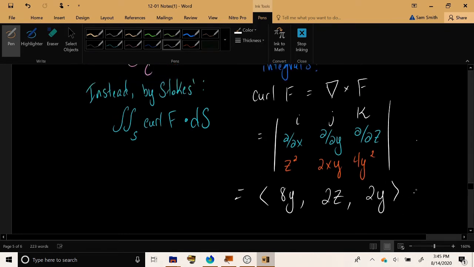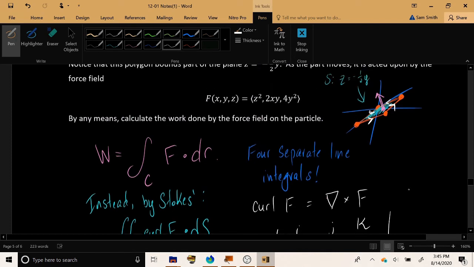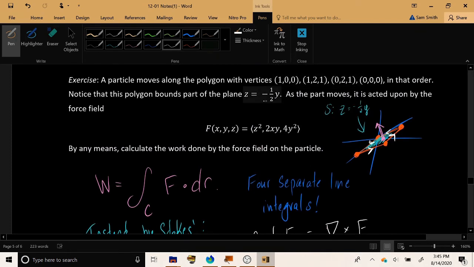All right, the next thing that we're going to need is a parameterization for this plane. And notice that the plane is being described as the graph of an equation z equals some function of x and y.